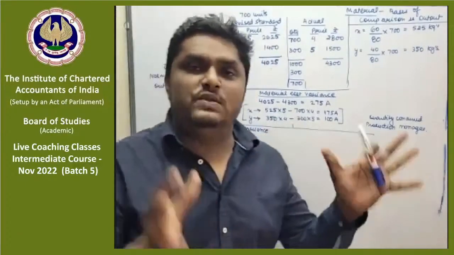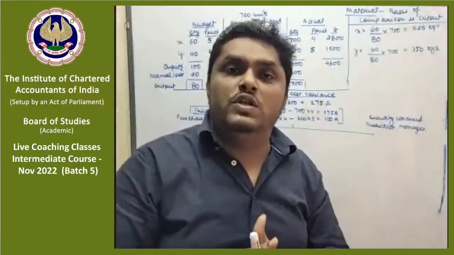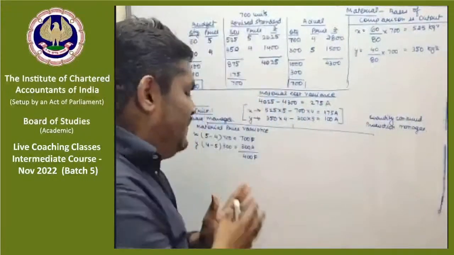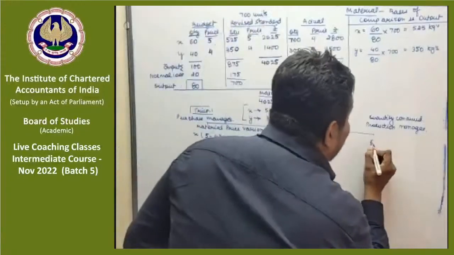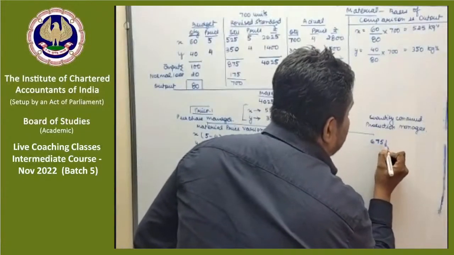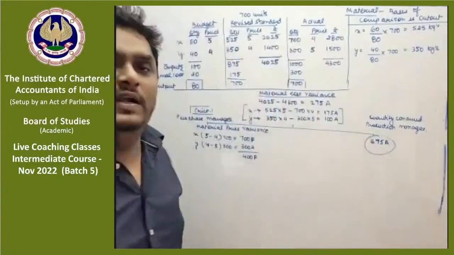Very simple, guys. Overall there is a loss of 275, wherein the purchase manager has made a profit of 400. It means the loss made by the production manager will be how much? Very simple, 675 adverse.